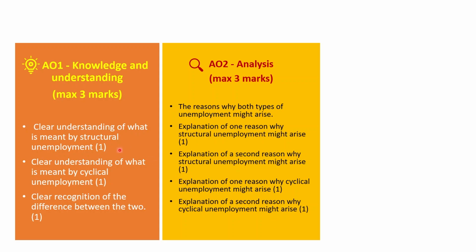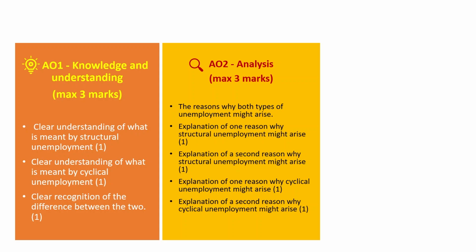Now let's look at what is structural unemployment and what are its characteristics, and similarly we need to depict what we understand by cyclical unemployment. So structural unemployment, you can talk about that it arises due to changes in the economy that permanently alter the types of jobs available, usually driven by technological advances, globalization, or shifts in consumer preference.